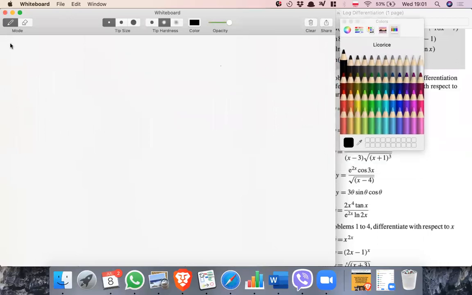So we have that y equals e to the power 2x multiplied by cos 3x, all that divided by root x minus 4.